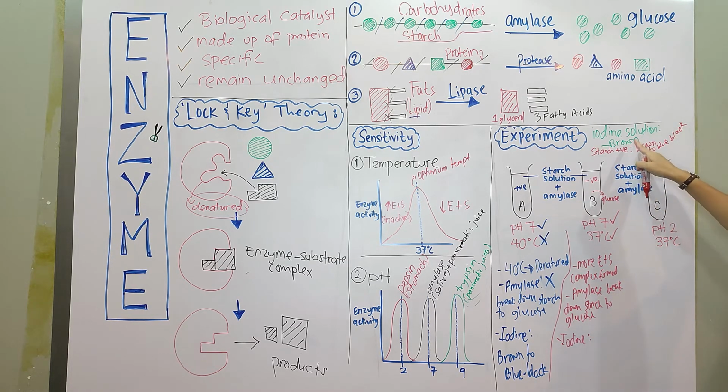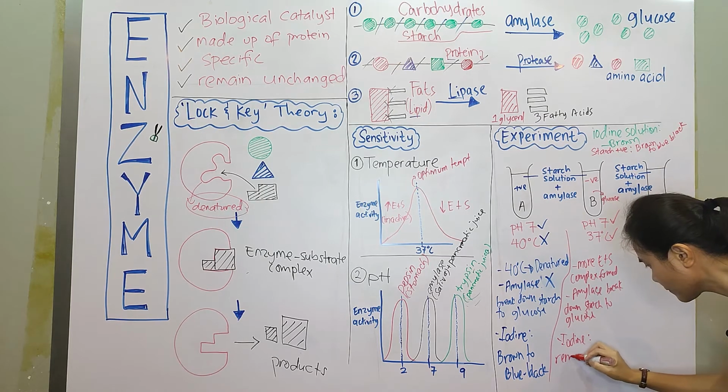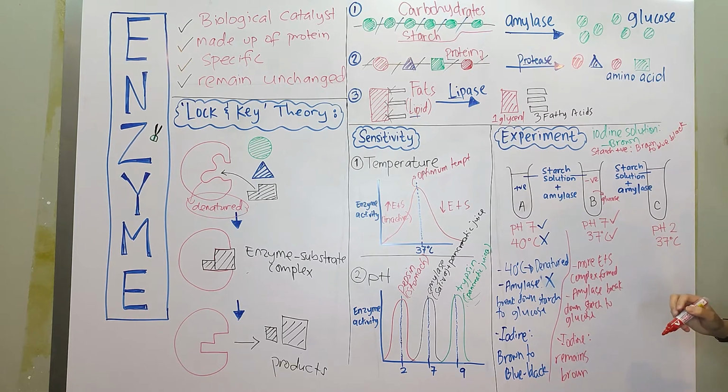Iodine will only detect starch. If there is no starch there, what happened to iodine? It will remain brown. Right? It will not change to blue-black because all the starch inside the solution has been broken down by the amylase. So you can only see glucose there.